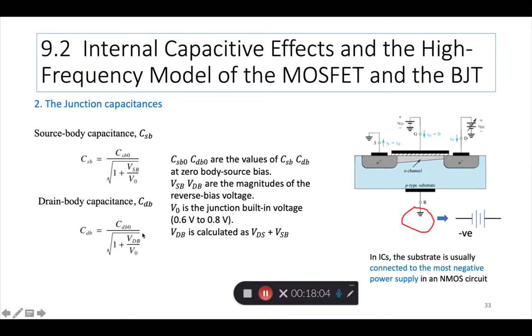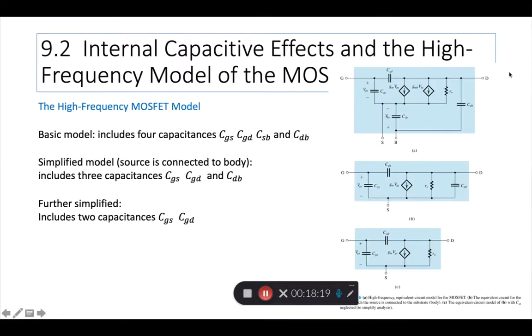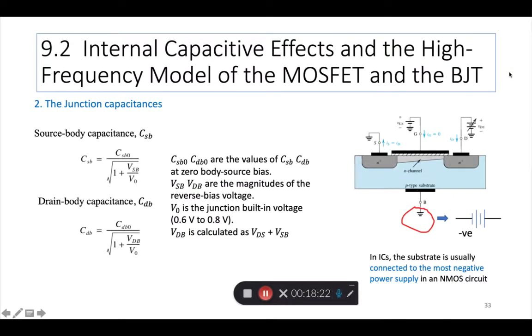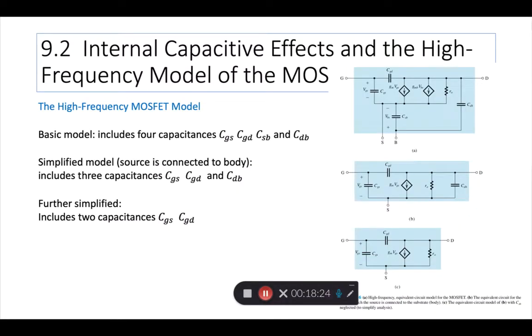For some reason it's not given by itself, so we end up having to do a VDS plus VSB. That gives you VDB. All right, so that explains, I hope, the two types of capacitances in a MOSFET.